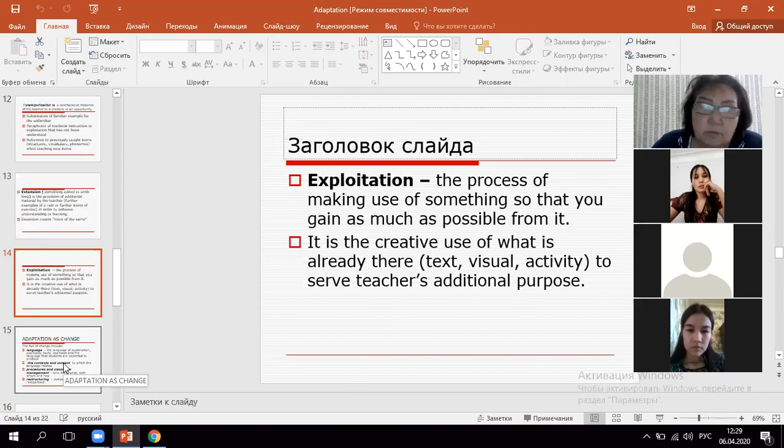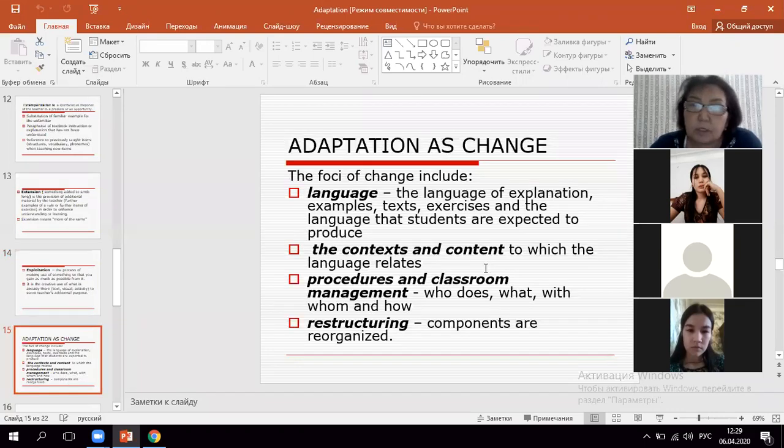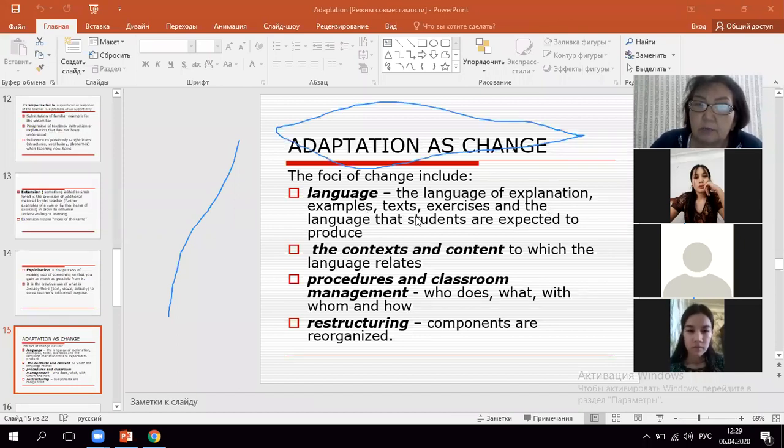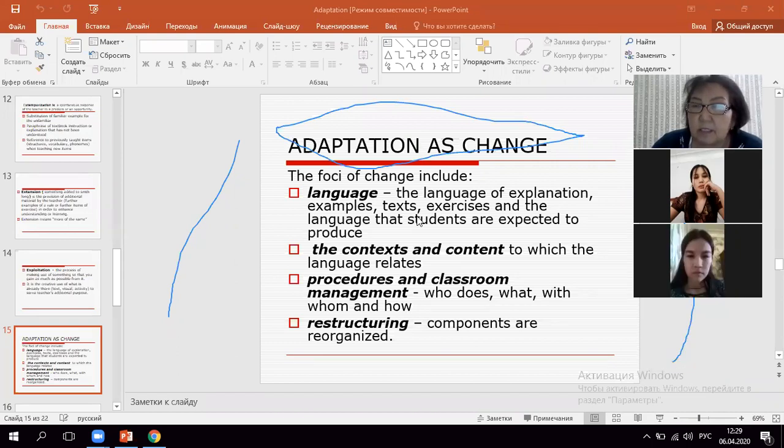The next thing is adaptation as change. So while adapting, we change something. What can we change? The process of change includes, for example, changing the language. We can change the language of explanation, the language of examples, the language of texts, exercises, and the language that students are expected to know and produce.